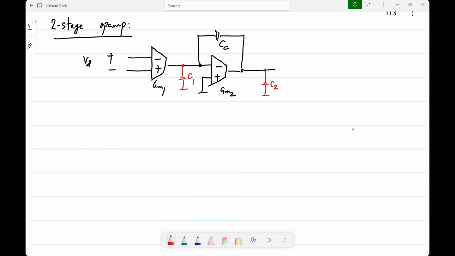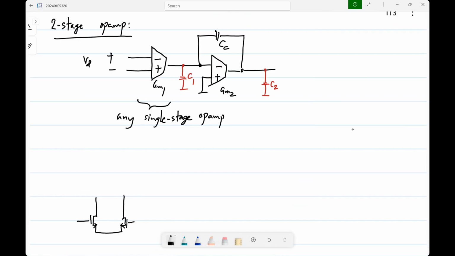Okay, while drawing, I will draw only the simple single stage op amp. So let me again continue with the NMOS differential pair, just for the sake of familiarity.